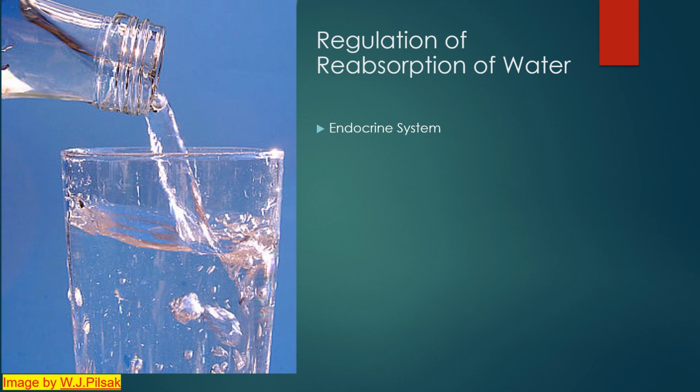Yes, but if we were to talk about water directly, the way we regulate reabsorption of water directly is through angiotensin II. One of the things angiotensin II does is it stimulates the brain to produce antidiuretic hormone and aldosterone, the no-pee hormones, right? And so these are going to increase water reabsorption.